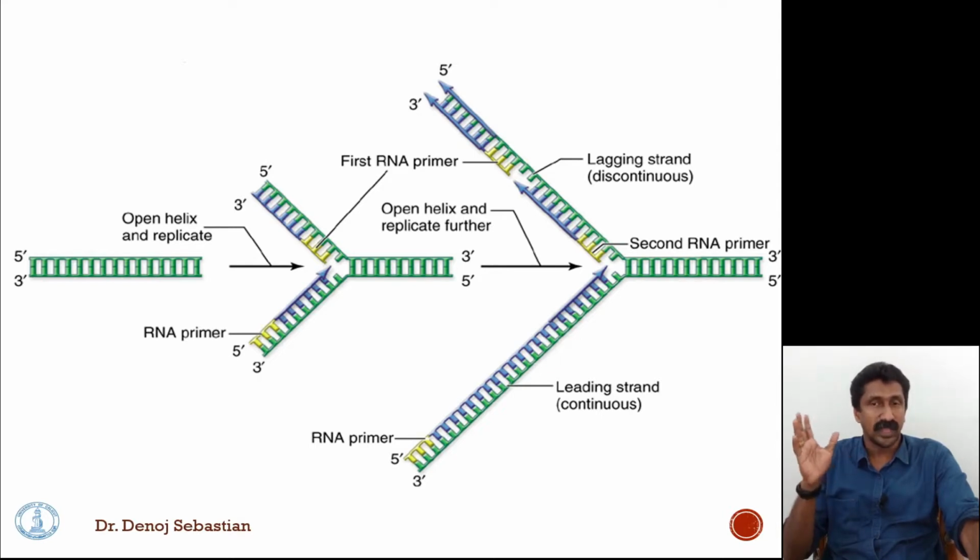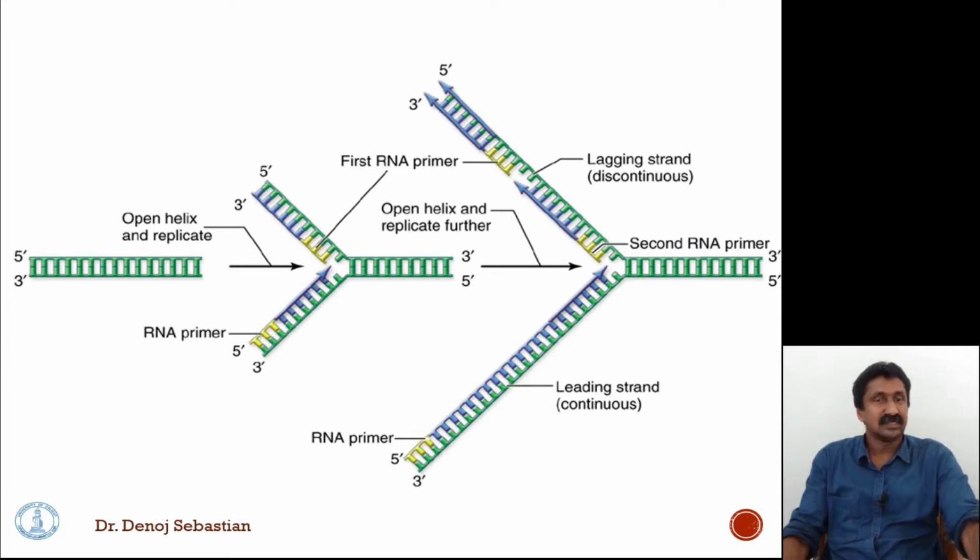Usually, if you are representing a diagram like this, the polymerase will move, or the replisome unit will move in this direction, and then it will return on the other strand to copy this one, and then it will move again here in the direction of the fork. But it will not move in both directions.